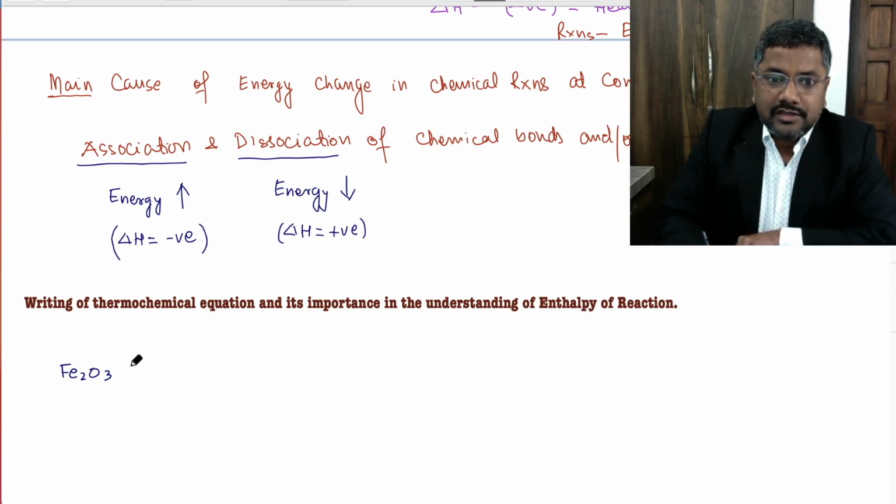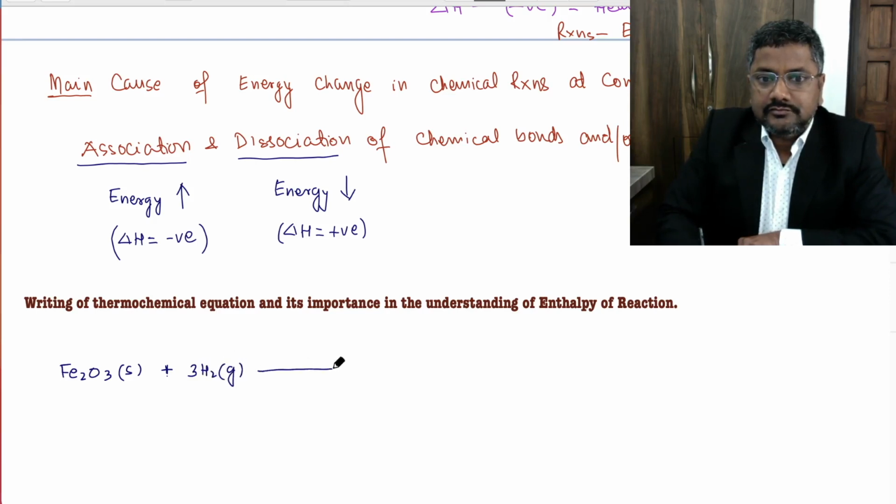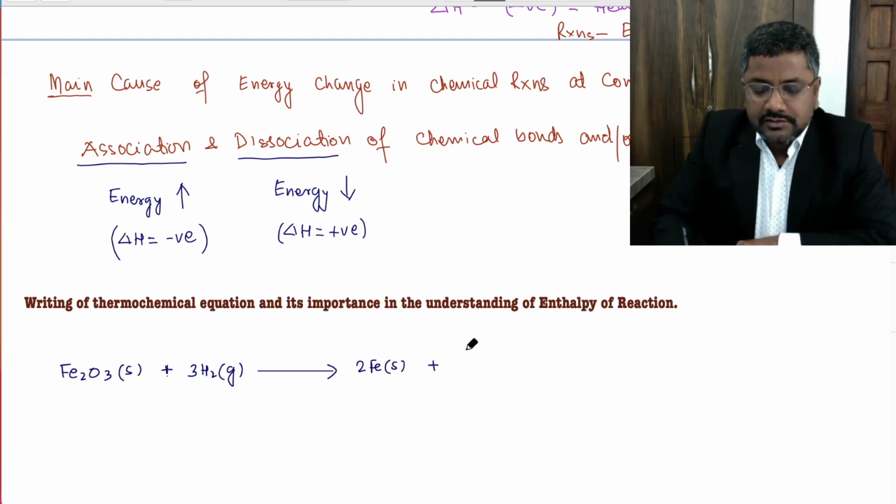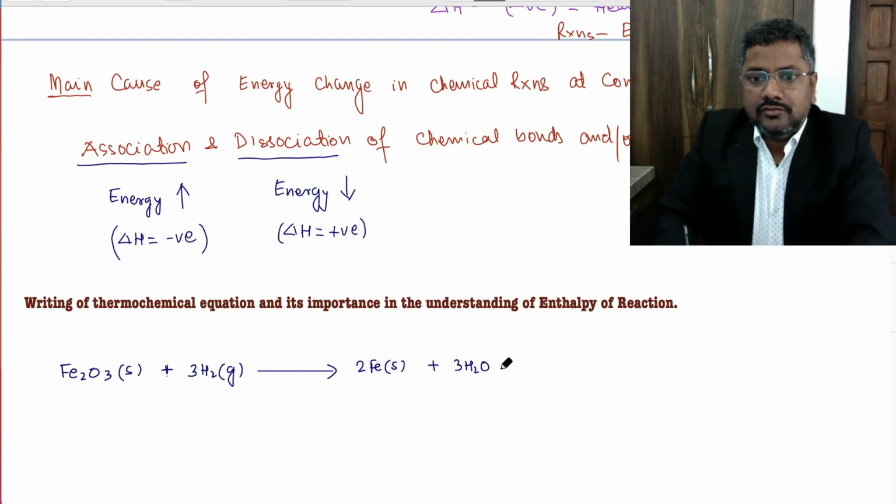So Fe2O3 solid plus 3H2 gas gives 2Fe solid plus 3H2O liquid, right?